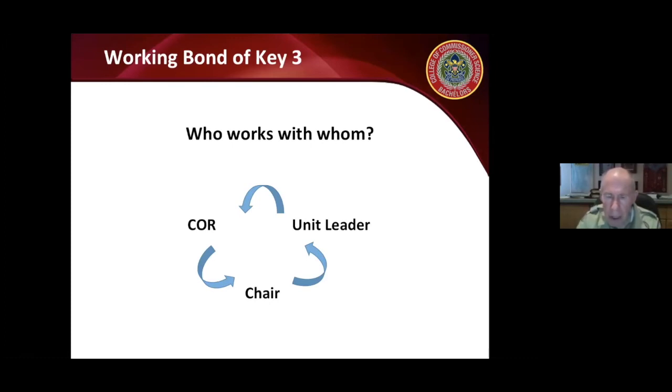Then we bring in the unit commissioner to help with them. If the key three is not meeting monthly, one of the things that unit commissioner can do is suggest that that happen.